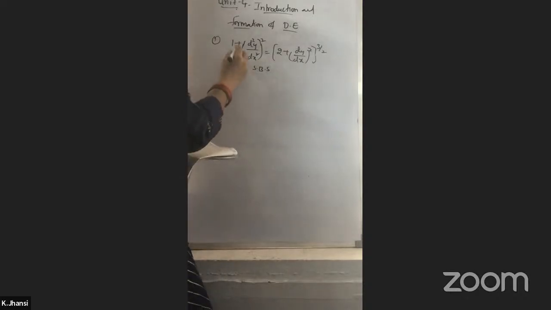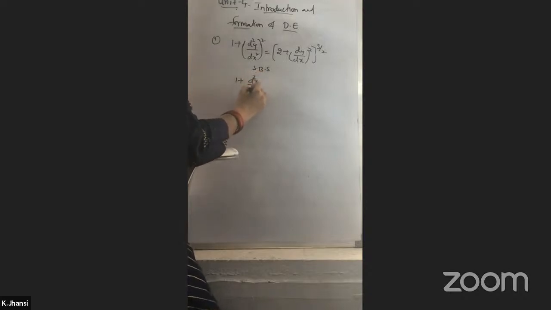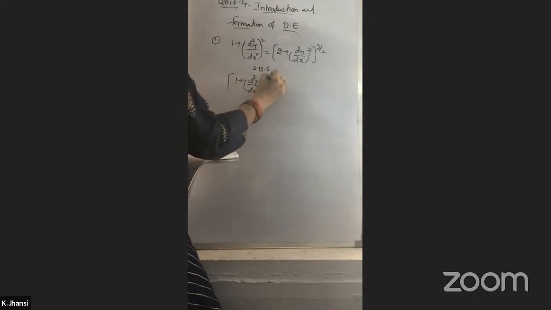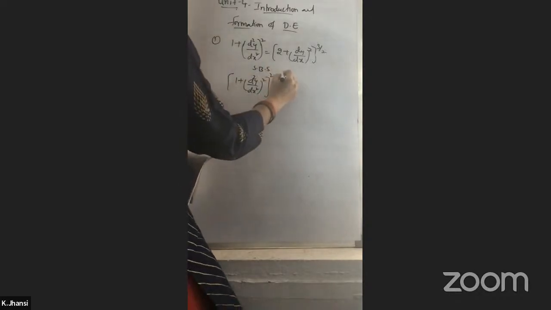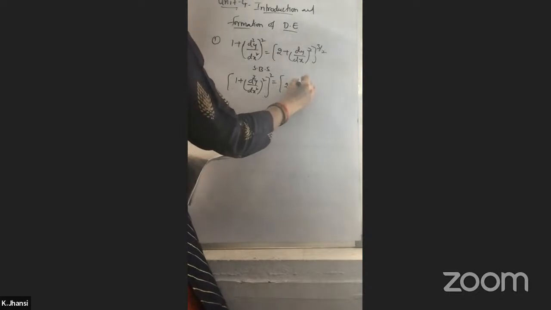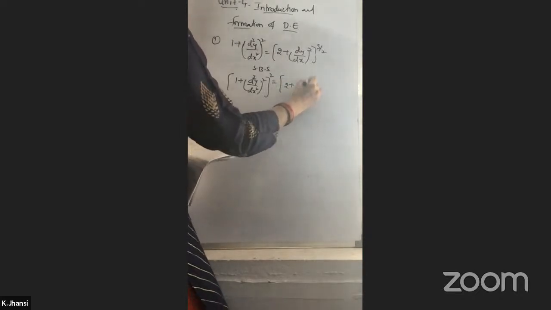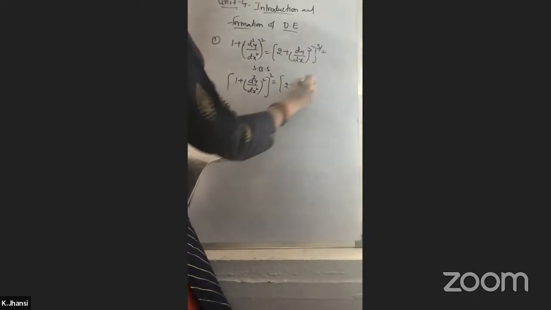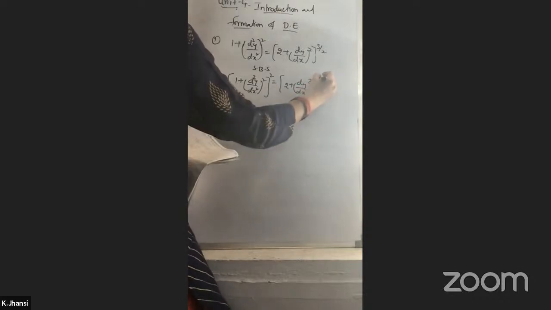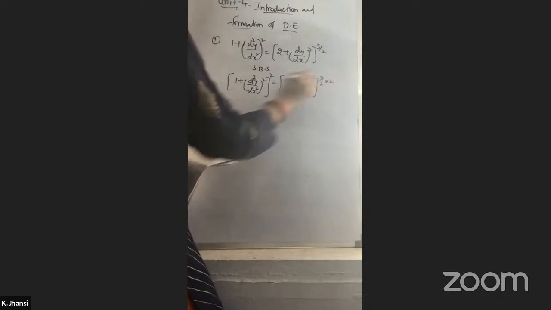Squaring on both sides, you will get (1 + d square y by dx square) whole square and whole square, equals to (2 + (dy by dx) whole square) to the power of 3 by 2 into 2.